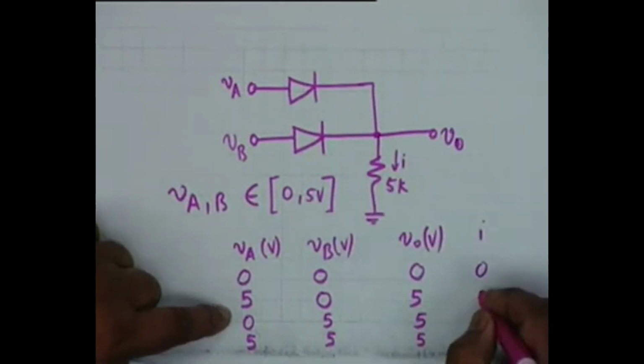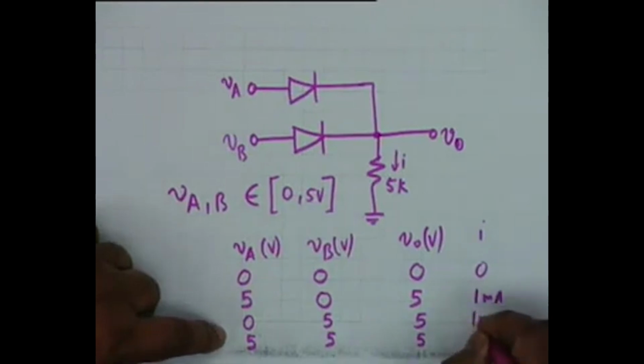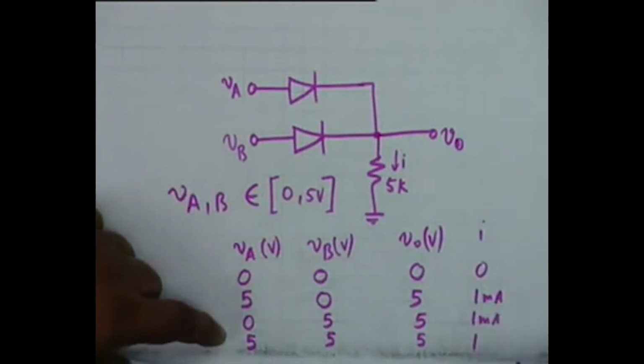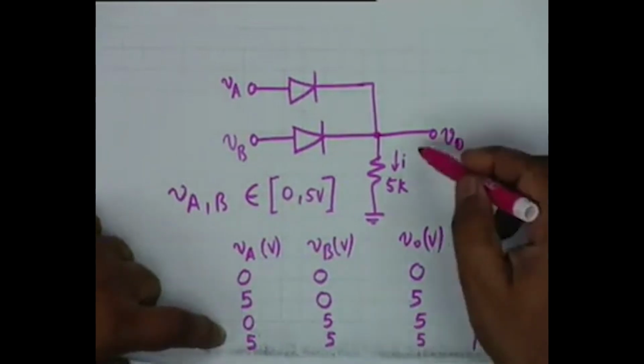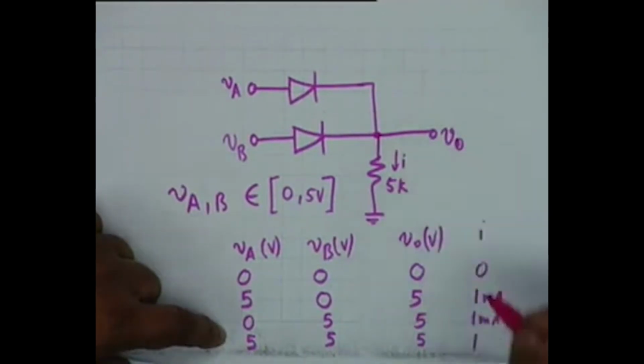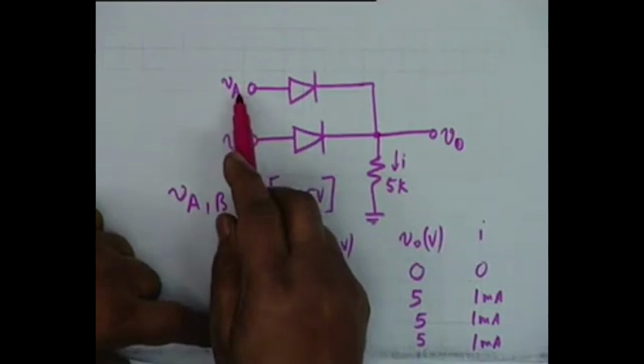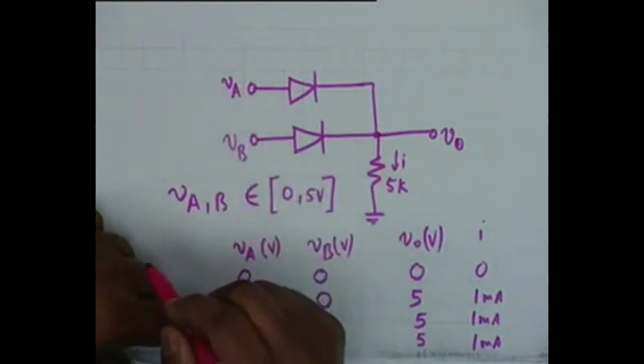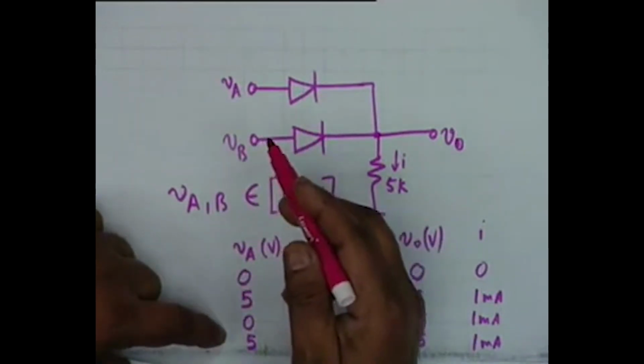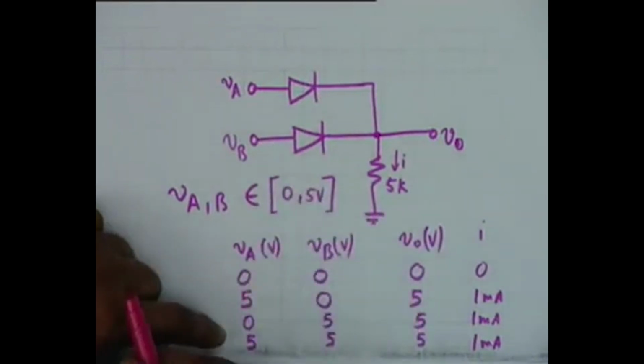Here it would be 1 milliampere, because the voltage is 5 volt. The current is still 1 milliampere, half of which is delivered from VA and half from VB. That is, basically we have two batteries now. Each battery will now give 0.5 milliampere.